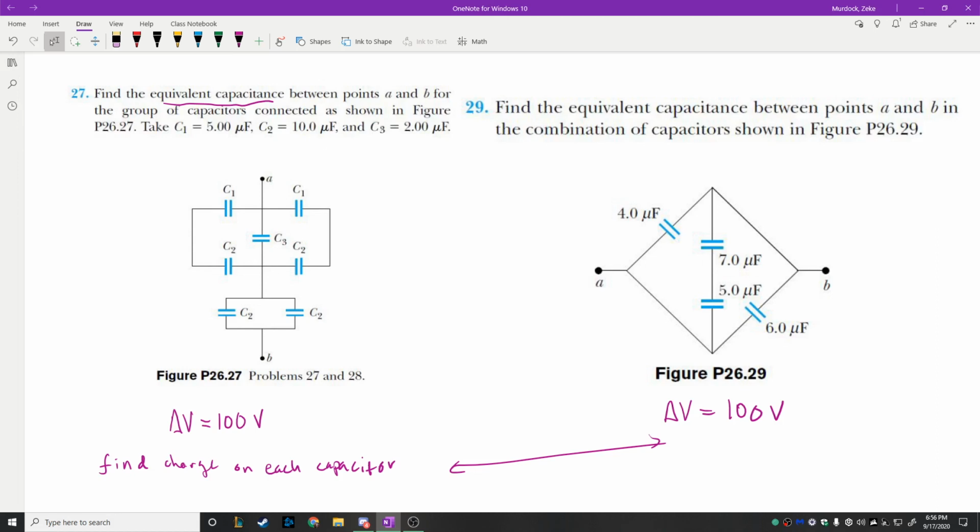Okay, do you want to go ahead and start to solve them, or do you want just a little more time?